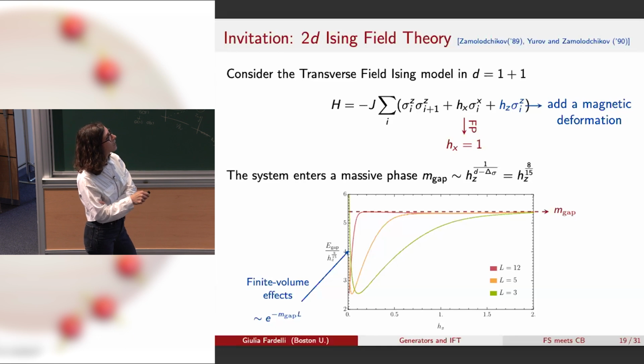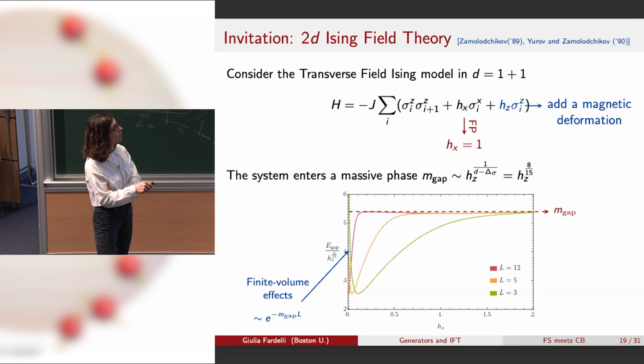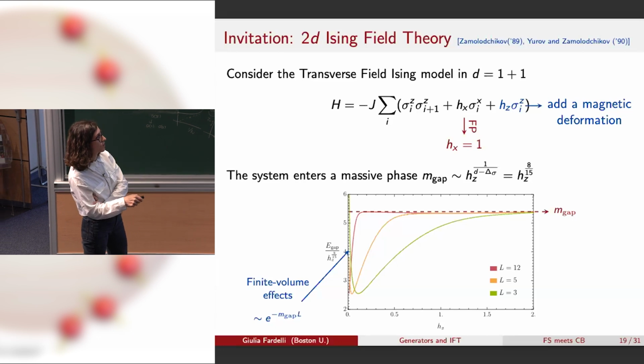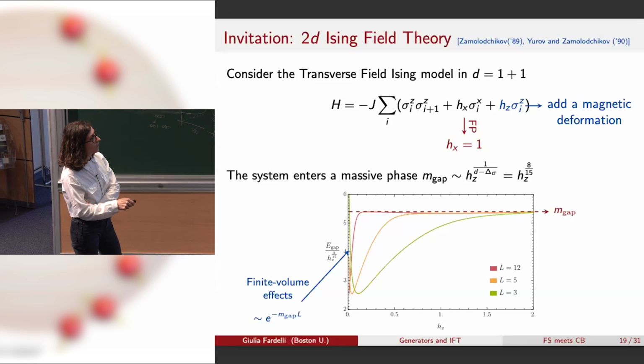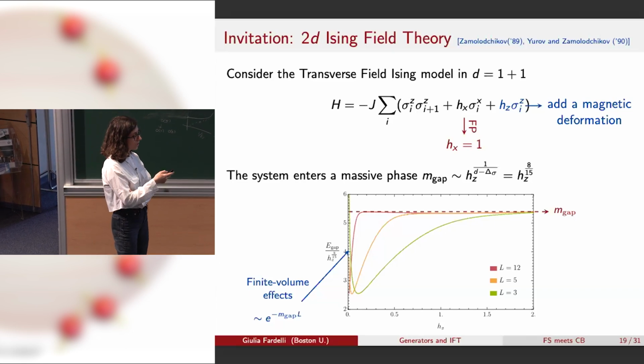The reason this line flattens out really quickly is that finite volume effects in this 2D theory are exponentially suppressed. Going from 3 to 12 improves a lot, and we already see a line which is basically flat over the whole Hz range. That was the story in 2D.